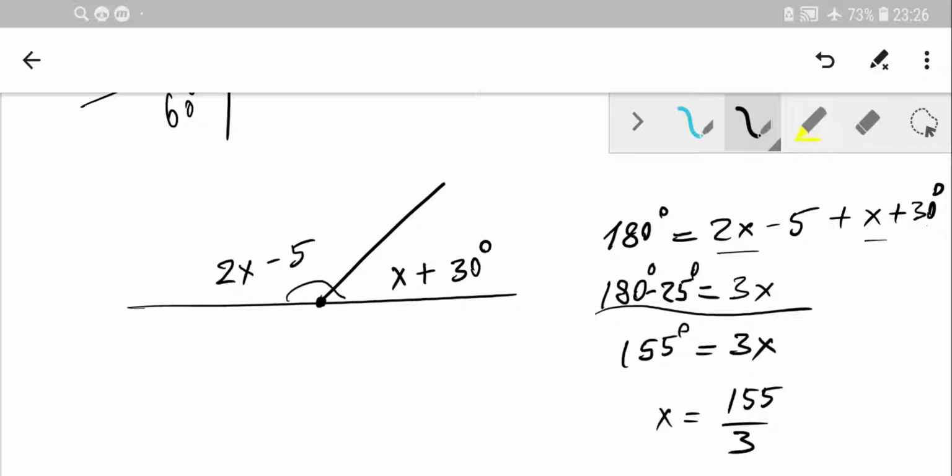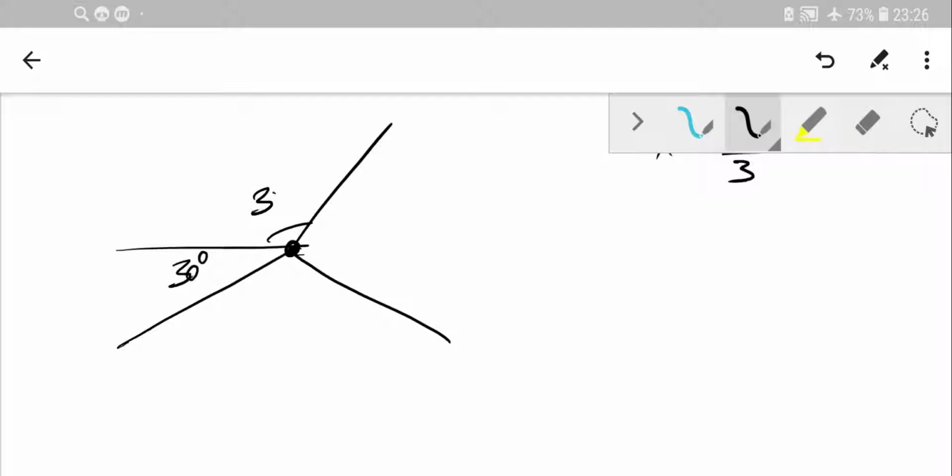Okay, what's next? For example, what if you have a more complicated problem with really a lot of angles? For example, here, and say there also. Say this is 30 degrees, and you know that other measures are like 3x, maybe 2x minus 30 degrees, and here, let's say, x plus 50 degrees.